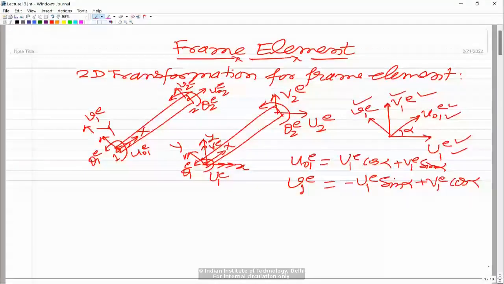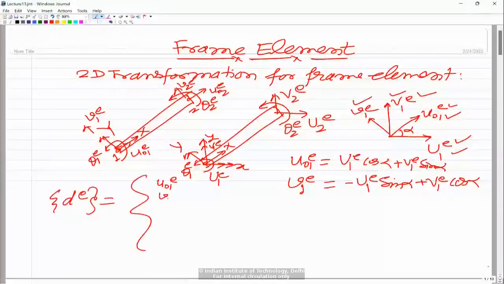Now if we look at the vector of degrees of freedom in the local coordinate system, we look at d e. This d consists of u naught 1e, v naught 1e, theta 1e, u naught 2e, v naught 2e, and theta 2e.